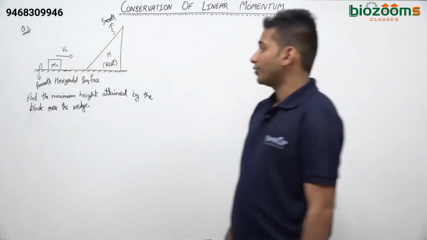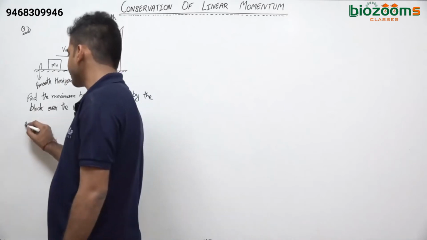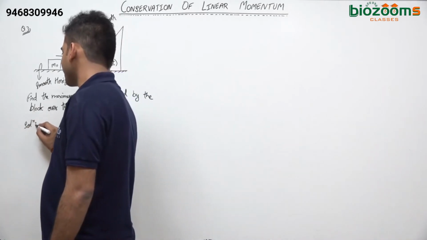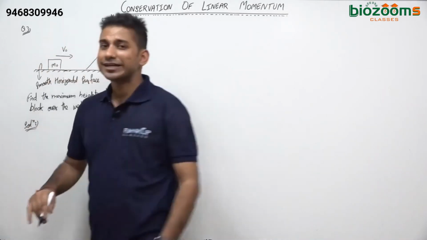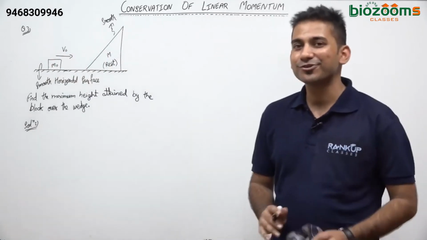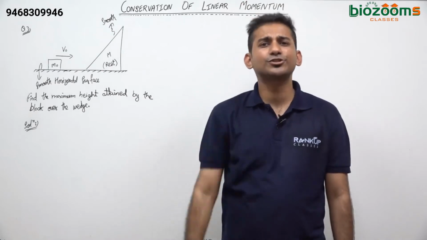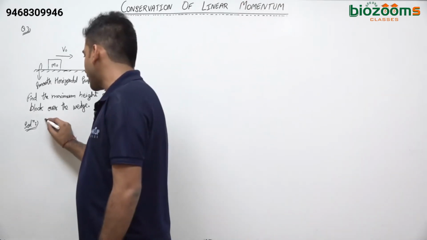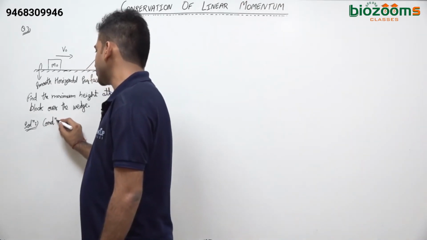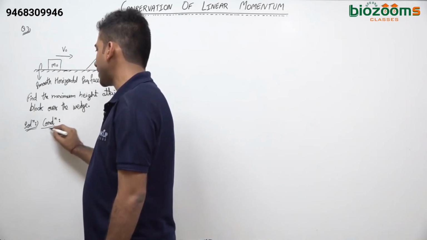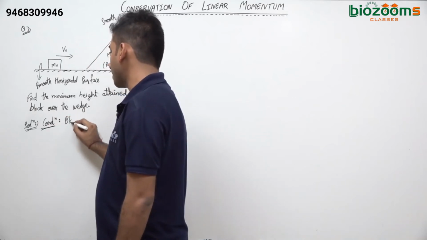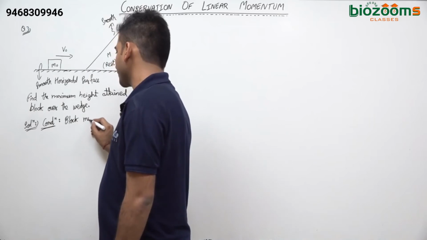Fine. So now how are we going to solve this problem? The first thing: what is the condition for maximum height? The block must rise, rise, rise, and ultimately it should stop. So the condition for maximum height is that the block must stop.